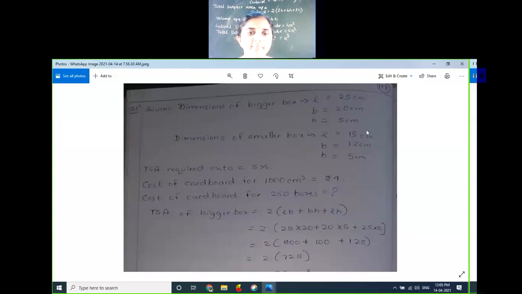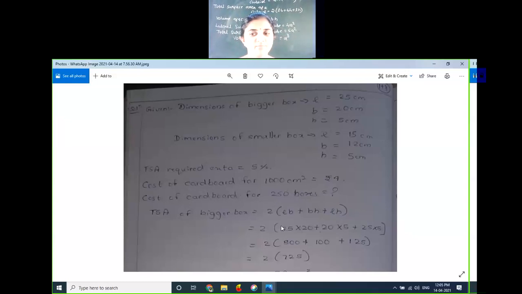All the units are the same here. TSA required extra: for each box we need 5% extra. That we'll see later. Cost of cardboard for 1000 centimeter square is rupees 4. Here he listed out all the given data on one side. Next, cost of cardboard for 250 boxes is the question mark.